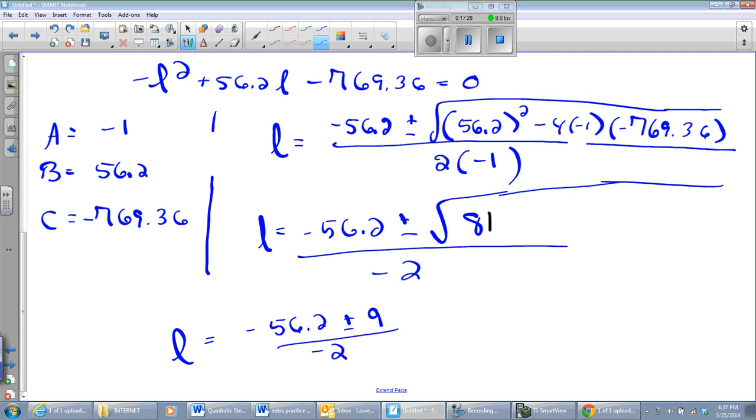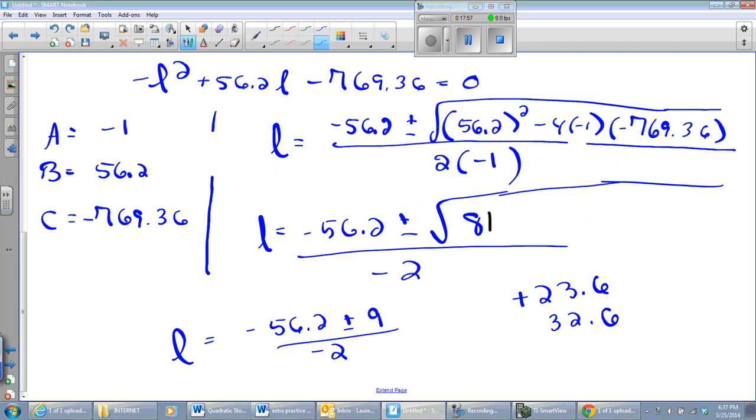So negative 56.2 plus 9 divided by -2 ends up being 23.6. And negative 56.2 minus 9 divided by -2 is going to equal 32.6.